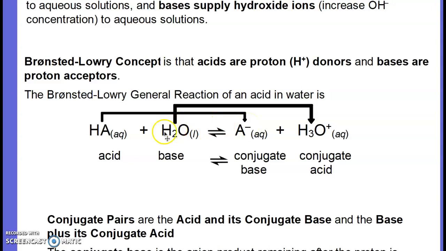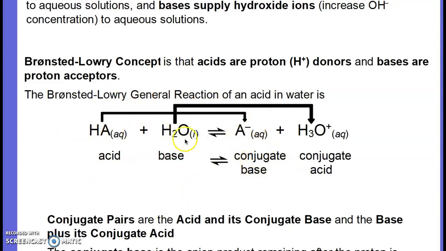Here's water that's with the HA, and it's taking that hydrogen, becoming H3O technically, which is just a simplified version, and we'll simplify that even more. So this is the acid on the reactant side. This is the base on the reactant side. Opposite, its pair, it's called the conjugate pair. This is now the base.